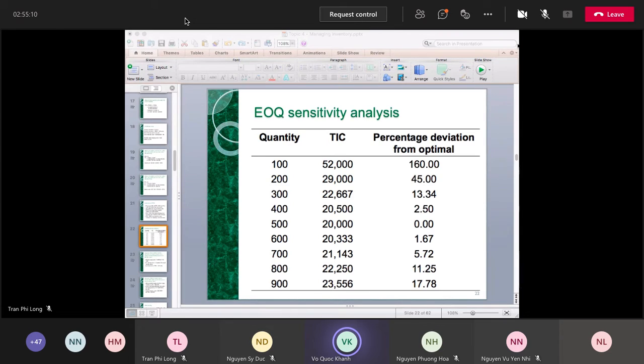This would mean that if a firm purchases inventory at a price P, the average inventory is Q divided by 2, and the average inventory value is P times Q divided by 2. As we learned earlier, the carrying costs range from 20 to 40%. So if we assume that percentage is a number C, then the annual total carrying cost is C times P times Q divided by 2.